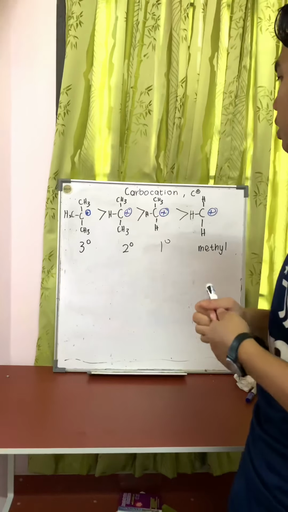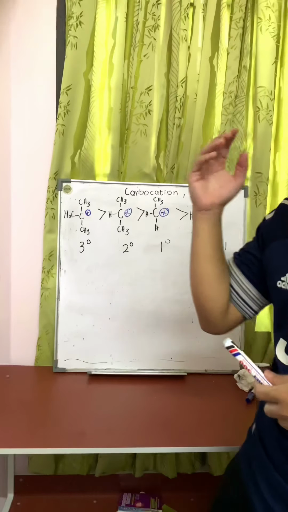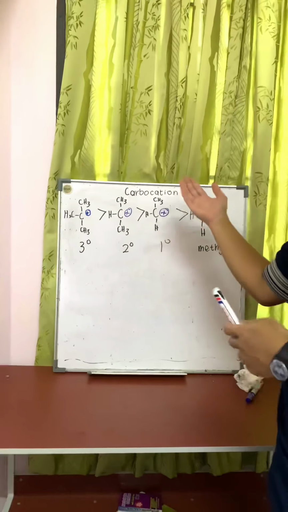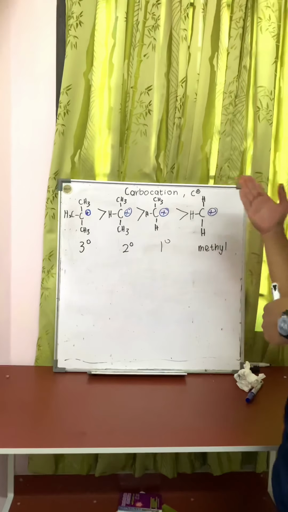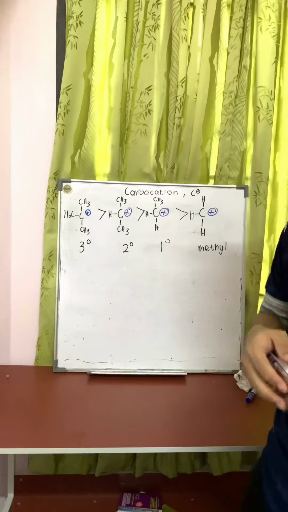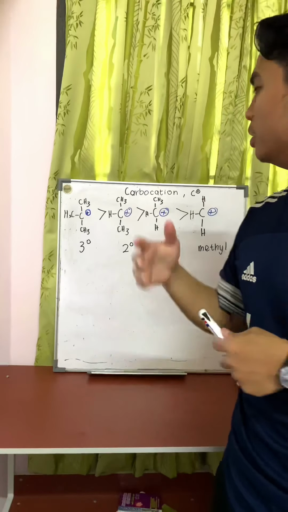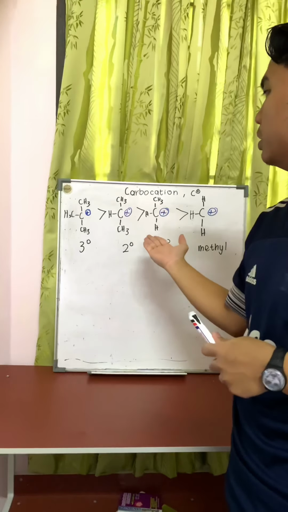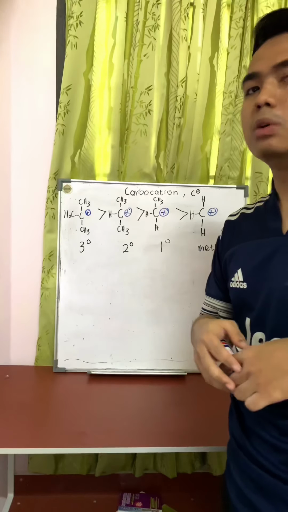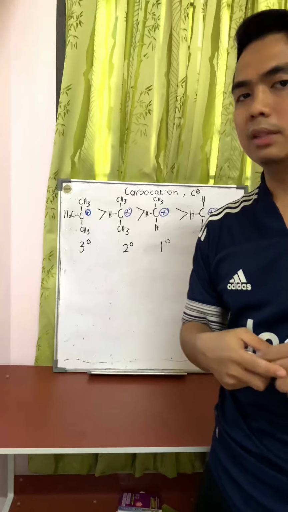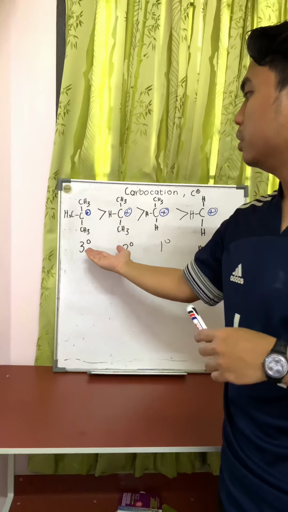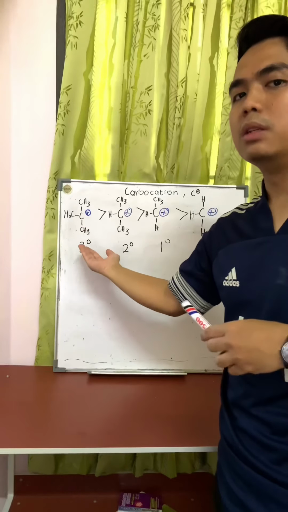So as we know, the most stable carbocation is tertiary, and then secondary, then primary, and lastly we have methyl. The more stable the carbocation, the faster the SN1 reaction. So we know that carbocation is related to the SN1 reaction, right? So why is tertiary carbocation the most stable?